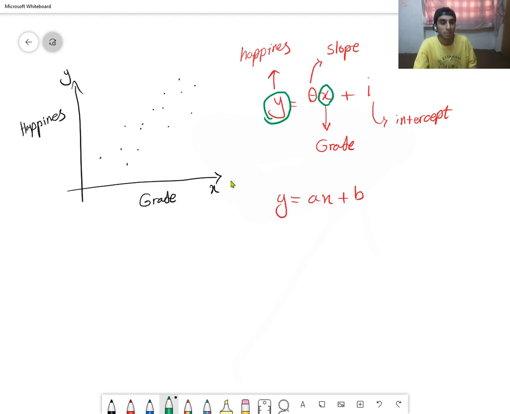For simplicity, let's ignore the intercept right now, and make our equation more simple by just saying y equals theta times x. So we know y, we know x, but we don't know anything about theta.